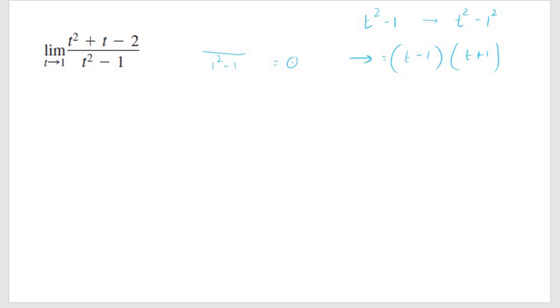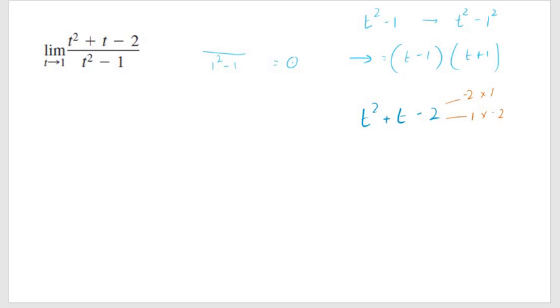Let's look at the numerator next. The numerator is t squared plus t minus 2. Minus 2 can be written as minus 2 times 1 or 1 times minus 2. The middle term should be the sum of these.